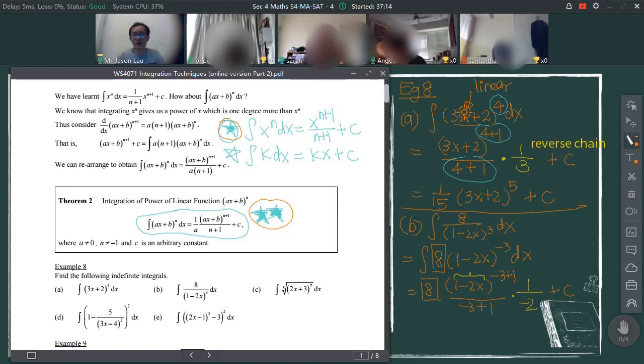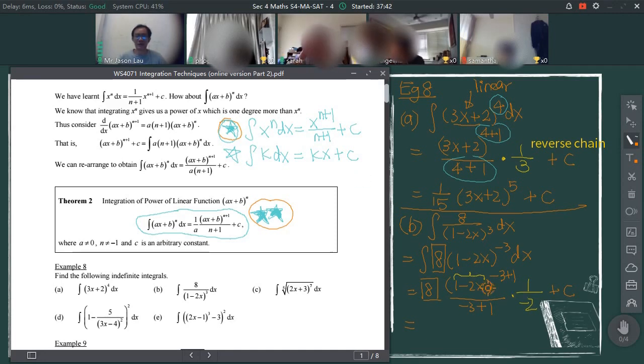So I'm trying to teach you to use the chain rule skill to do integration here. Is it a shortcut or not? Actually, not a shortcut. We have been using this mentality through to university. When we do integration in university, we also carry this mentality of reverse chain rule and do problems.